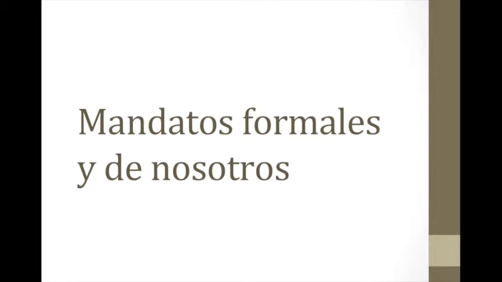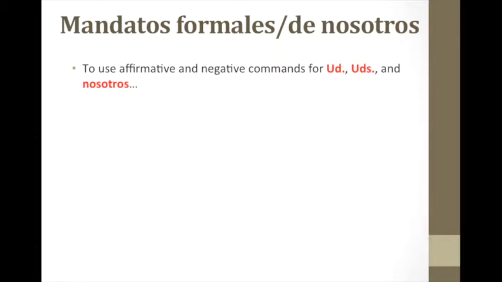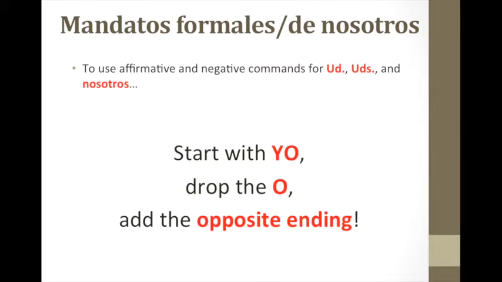We're going to continue on with formal commands, which would be the usted and ustedes commands if you wanted to politely command somebody to do something or a group of people to do something, and also nosotros commands. They are formed in a very similar way. To use affirmative and negative commands for usted, ustedes, and nosotros, you need to start with the yo form, drop the O, add the opposite ending, just like tú commands.